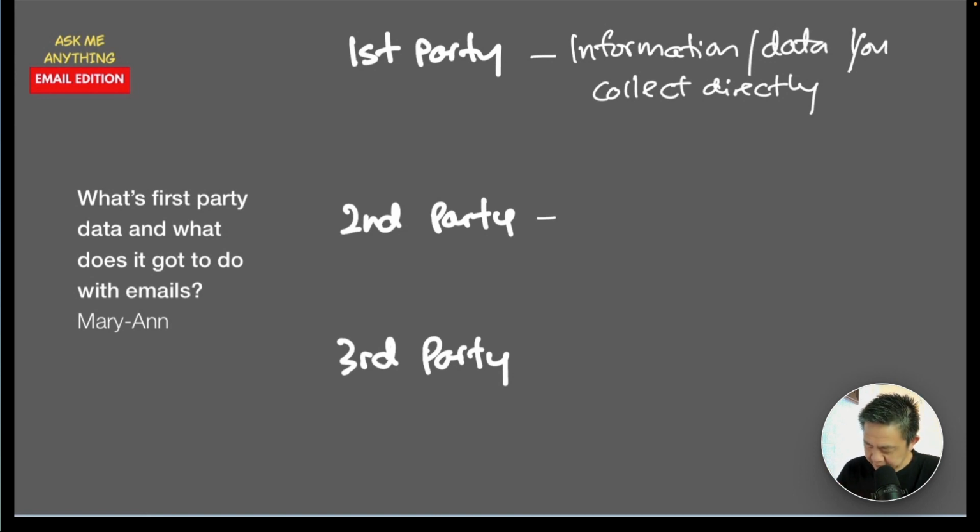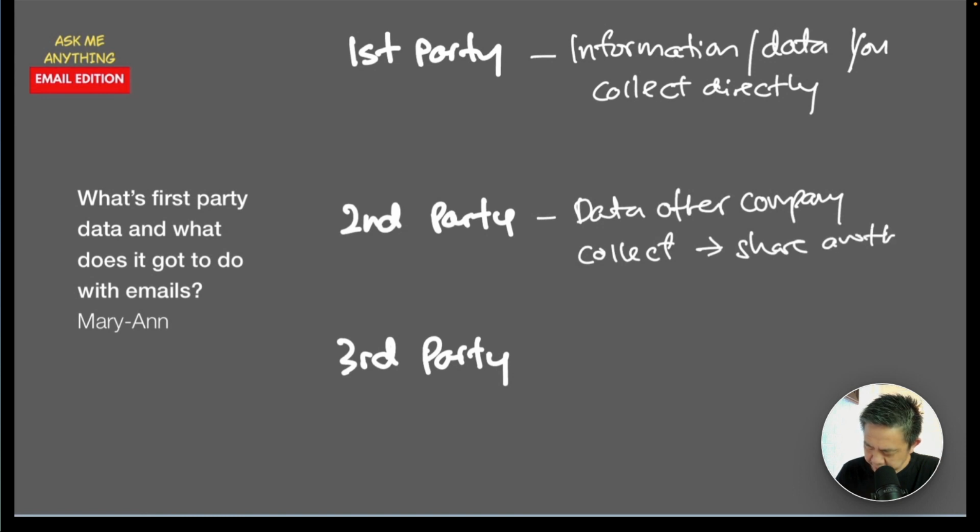The second party data relates to, let's say, data that one company collects and then shares with another company. So let's say, for example, now I would like to run ads to my email subscriber list.